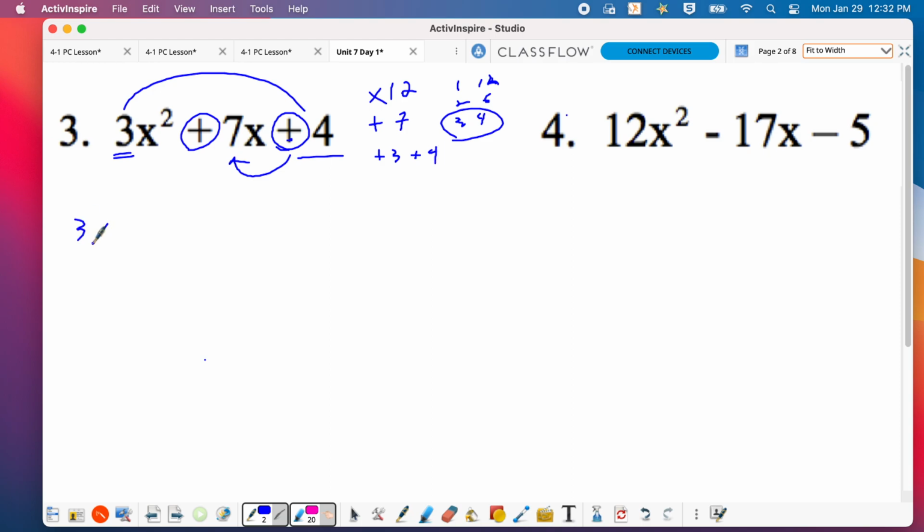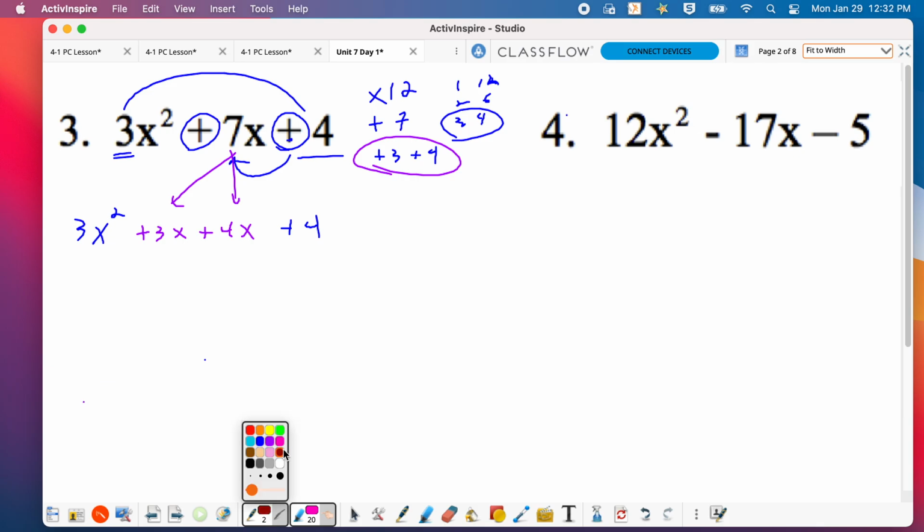I am going to leave my first and my last term of my trinomial the same, and I'm going to take apart a positive 7x into positive 3x plus 4x, because 3x plus 4x gives me that 7x in the middle. When we factor four terms, we group by 2's.